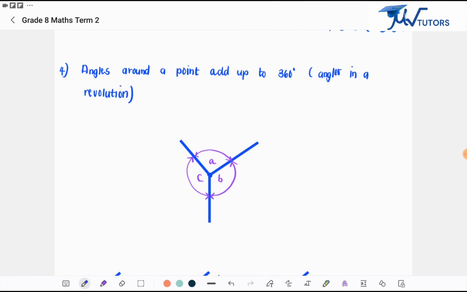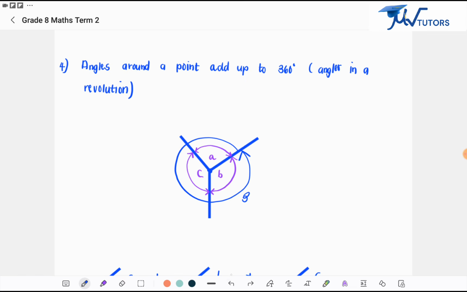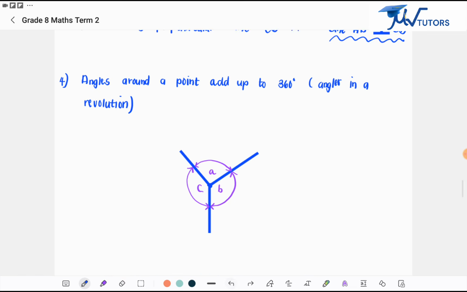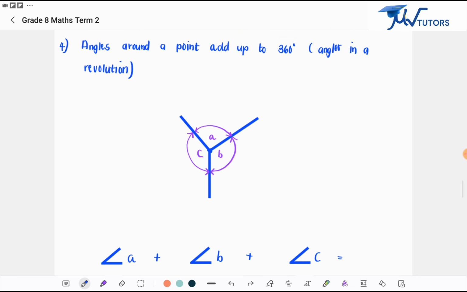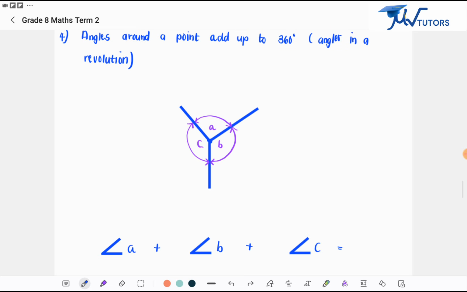Or we can say that those angles form a revolution, meaning again, they add up to 360 degrees, all right? So here we can say that angle A plus angle B plus angle C will give us 360 degrees. So far, with straight lines, we've covered three angles.